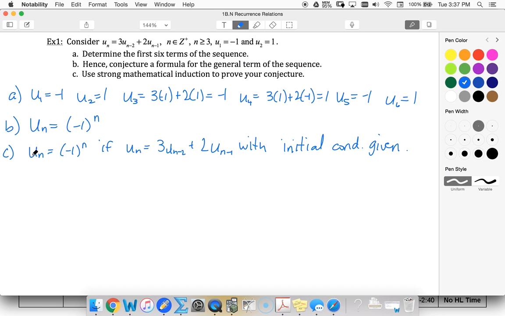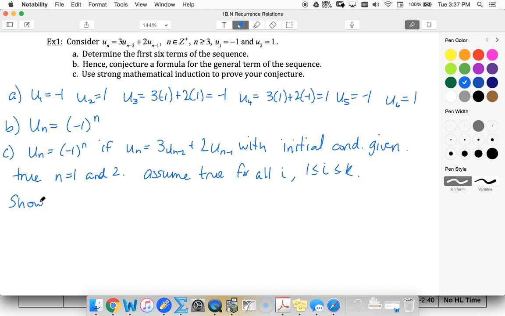All right, we know it's true for n equals 1 and 2 because we've shown that up above. We're going to assume that it's true for all i, not some, 1 less than or equal to i, less than or equal to k.